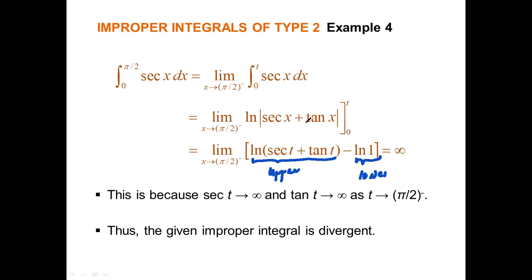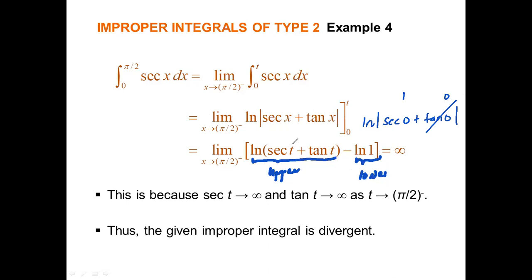Remember that you will substitute 0 to that. That is actually ln of the secant of 0 plus the tangent of 0. The tangent of 0 is 0, but the secant of 0 is 1. So that is why you have only ln of 1, because ln of 1 plus 0 is just ln of 1. So you see this?